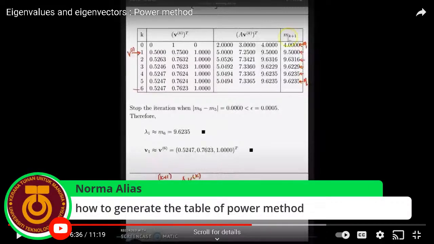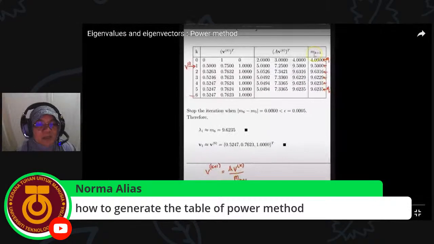From here, you can find the dominant eigenvalue 9.6235, and then the solution is an eigenvector: 0.547 is V1, V2 is 0.7623, and then 1.0. This is like AX equal to F, the solution for linear system that you learned in chapter 1. Can you apply the power method iteratively?